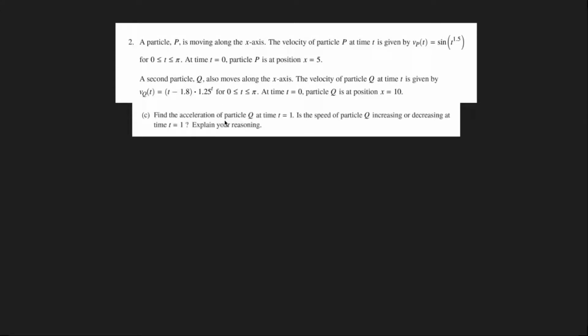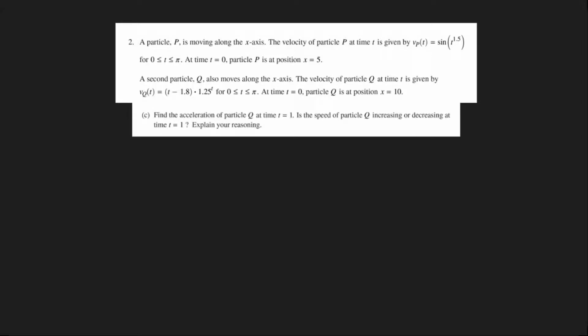All right, so part C. Find the acceleration of particle q at time t equals 1. Is the speed of particle q increasing or decreasing at time t equals 1? Explain your reasoning. Okay, so for this first part, we're asked to find the acceleration of particle q, so we're dealing with this equation. And we know that the acceleration is given by the derivative of the velocity.